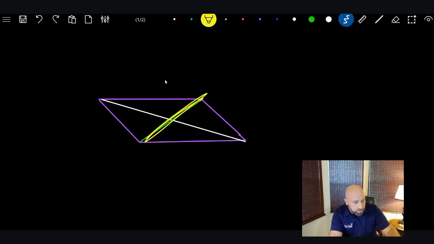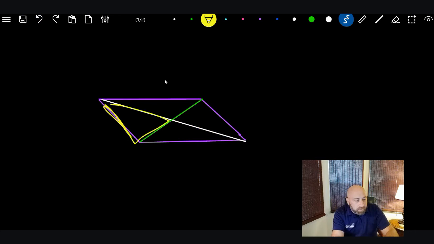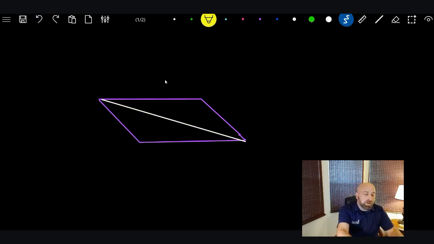So this one would be congruent to this one. Here's something that's also interesting. This one is congruent to this one, and this one is congruent to this one. Whenever you draw different multiple diagonals through it, they all end up congruent.